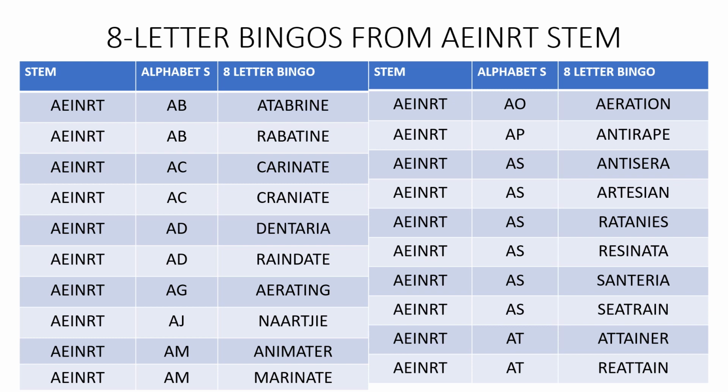So if you find a floating A elsewhere, through this floating A, you can play an eight-letter word like Atabrine or Rabatine, Carinate, Craniate, Dentaria, Raindate, Aerating.